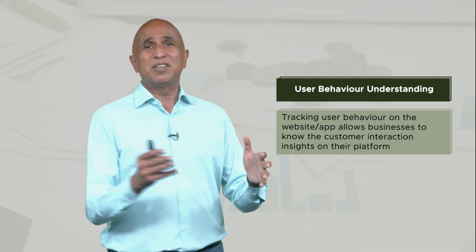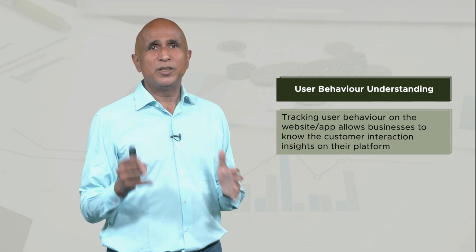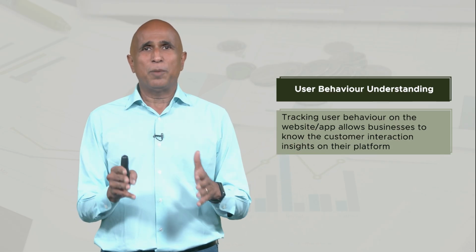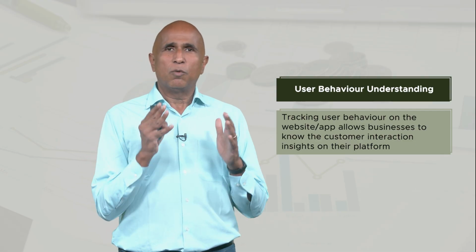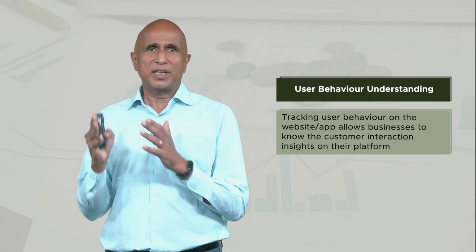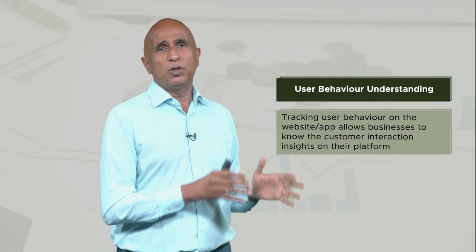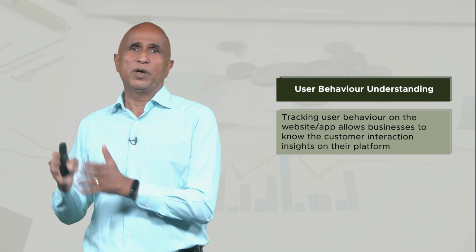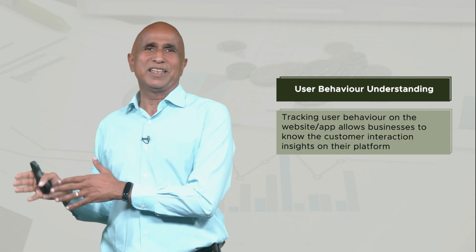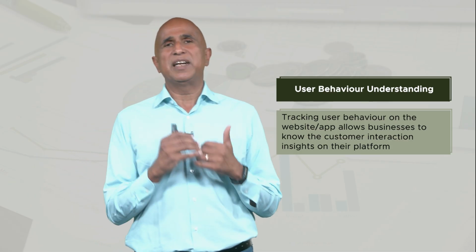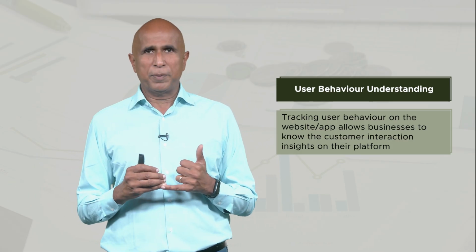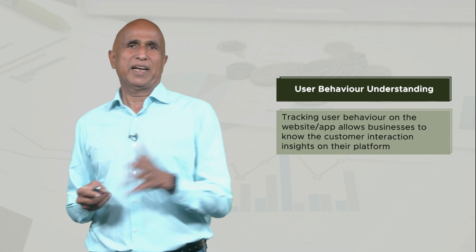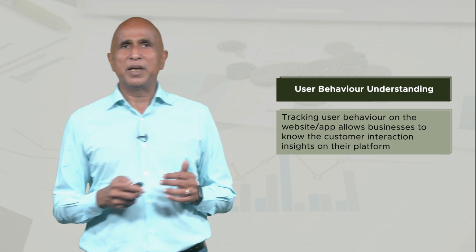For example, if the bounce rate is high, then you need to ensure that you are taking action and promising the viewer what he has clicked on. So that's important. If the bounce rate is low, then there is no problem. Then if the click-through rate is low, then you need to work on what you need to do to increase the click-through rate. So user behavior understanding. Where is the user dropping off? Where is the friction? It is important to take action on user behavior.